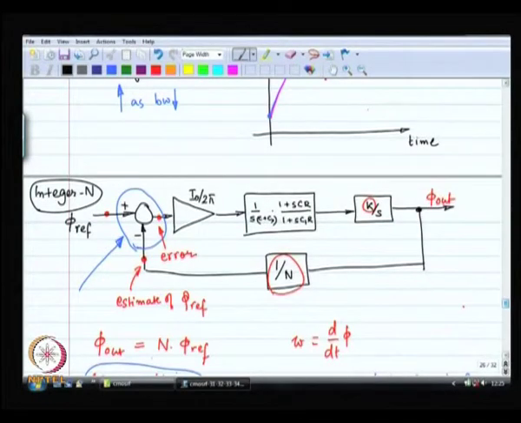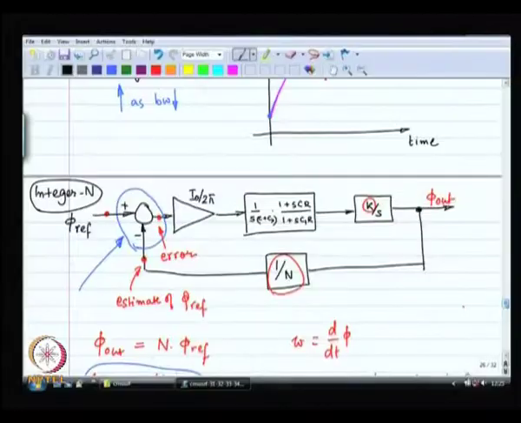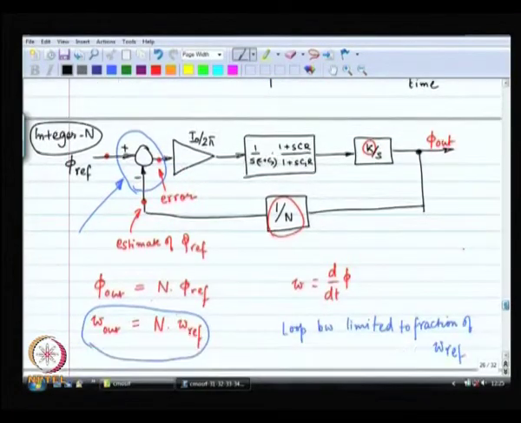So, the small modification is a clock divider, which is readily available using digital circuits. That is the modification that we are going to make, and we are going to label this as an integer N frequency synthesizer.